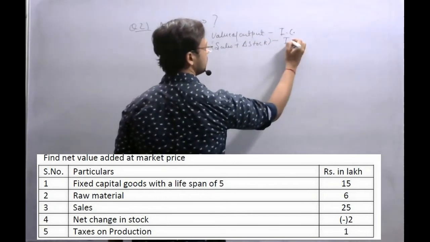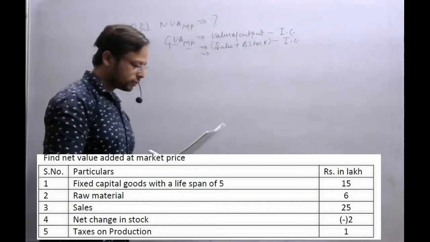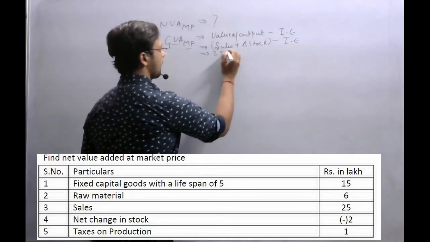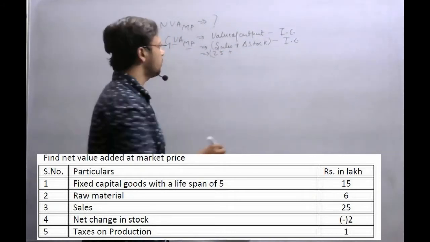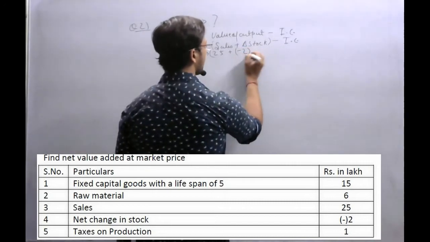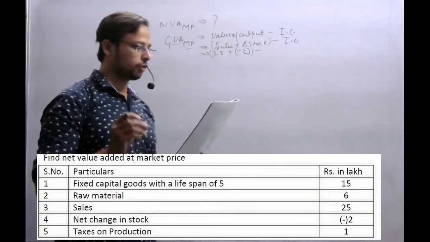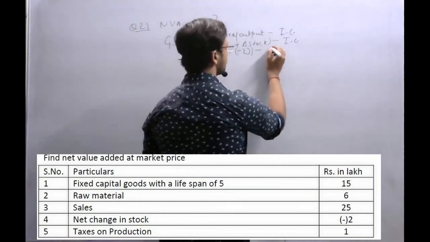The value of sales is clearly given, 25 lakh, plus change in stock, given as minus 2, minus intermediate consumption, which is the cost of raw material, 6 lakh.